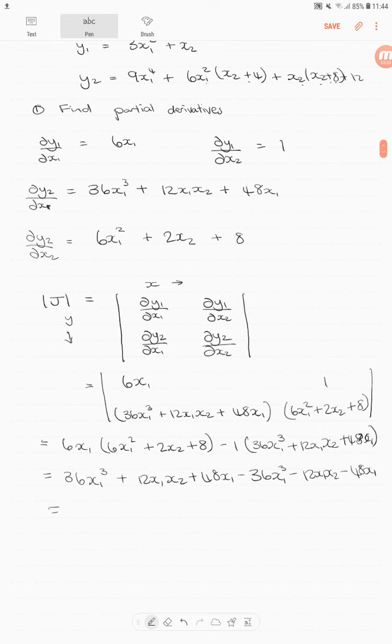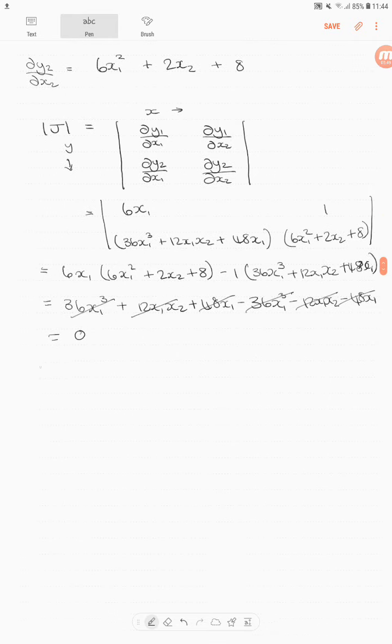What happens? Plus 48x1 minus 48x1 plus 36x1 cubed minus 36x1 cubed plus 12x1 x2 minus 12x1 x2.